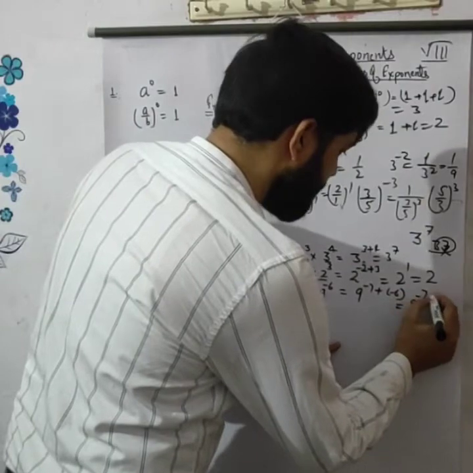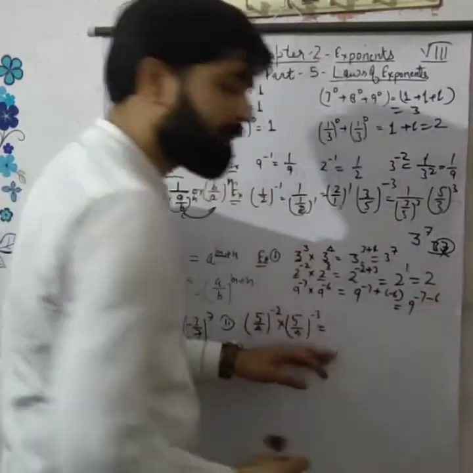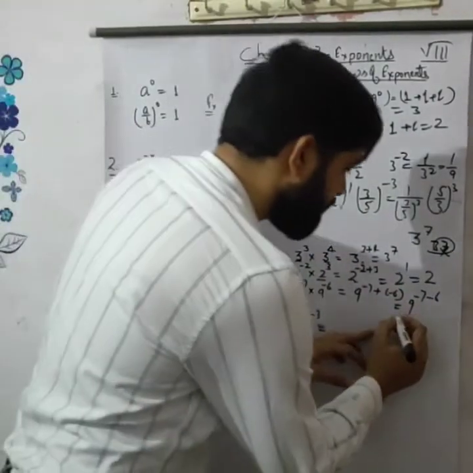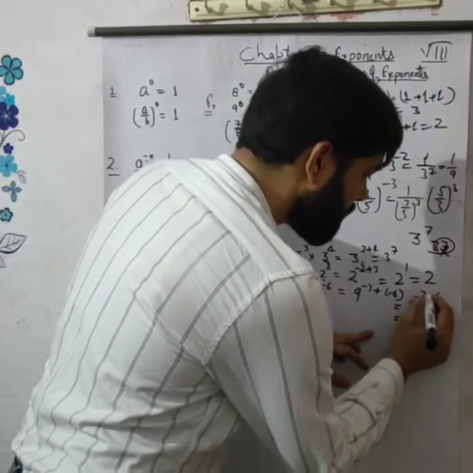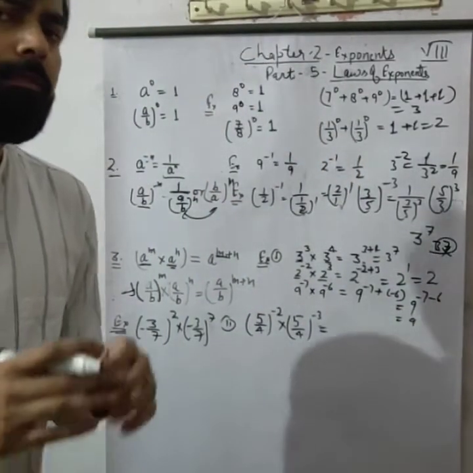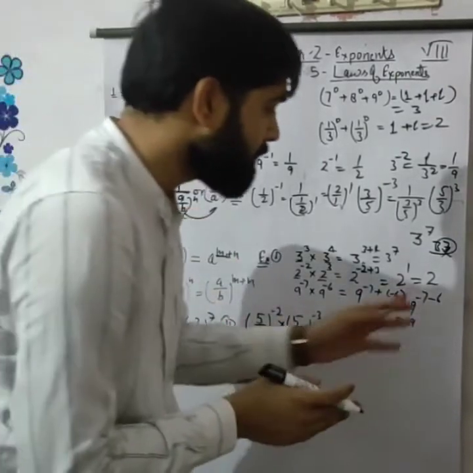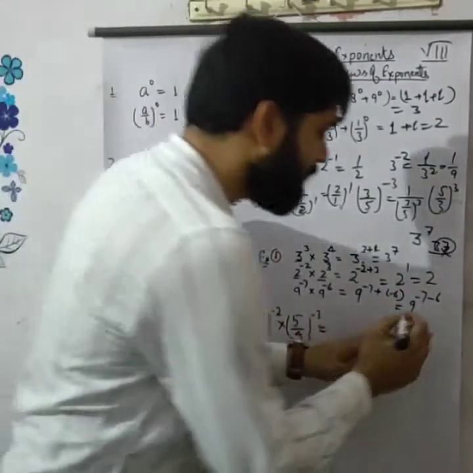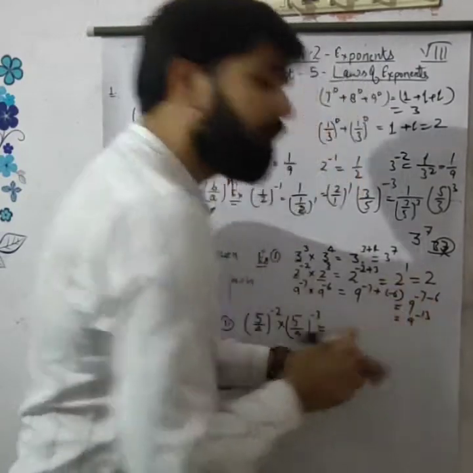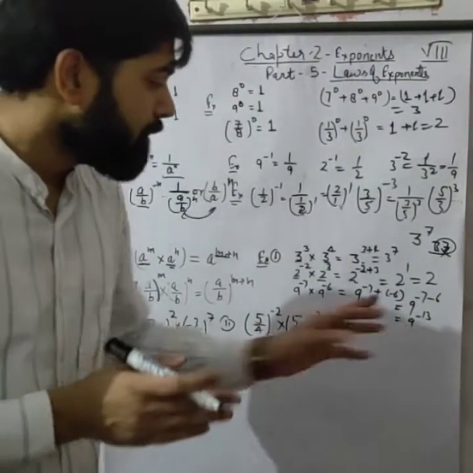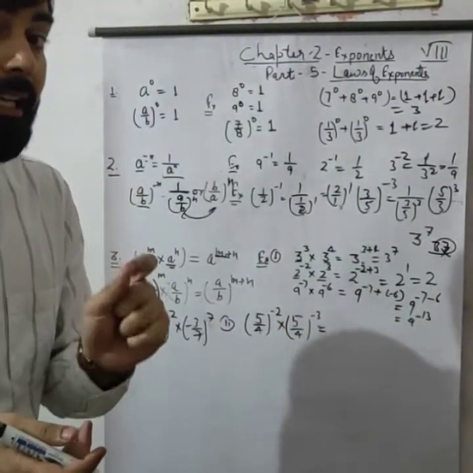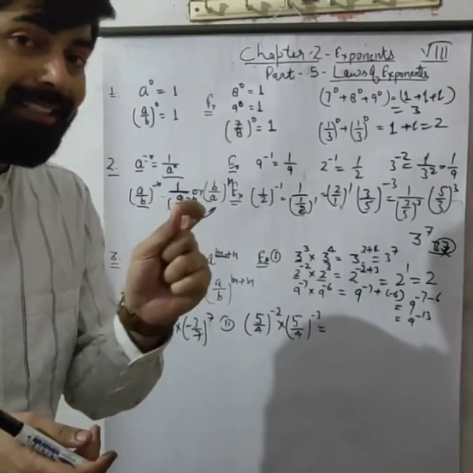So minus 7 minus 6. Both signs are the same, so add the numbers: 7 and 6 make 13, and write the same sign. So the answer will be 9 raised to the power minus 13.